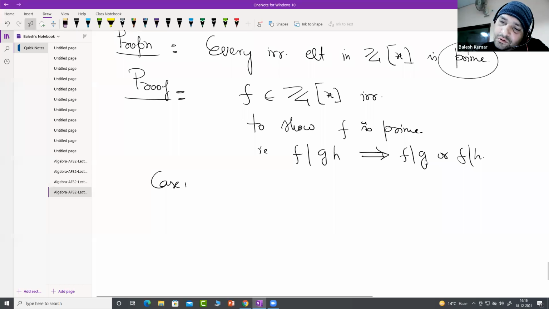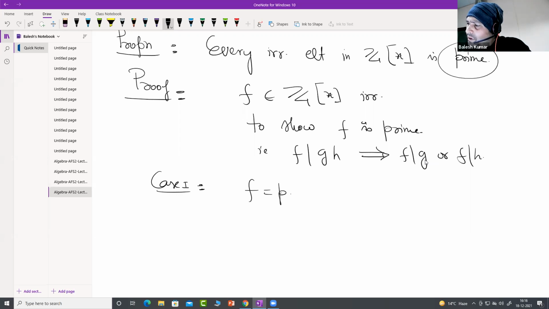For example, look at the first case, that f is a prime integer. Suppose f is equal to p, a prime integer. Since f divides gh, we can write g as c times g0, where g0 is primitive, and also write h as d times h0, where h0 is also primitive.